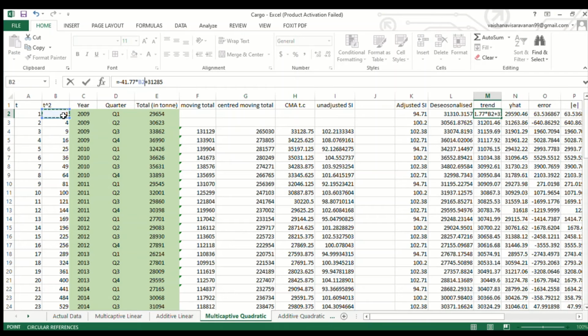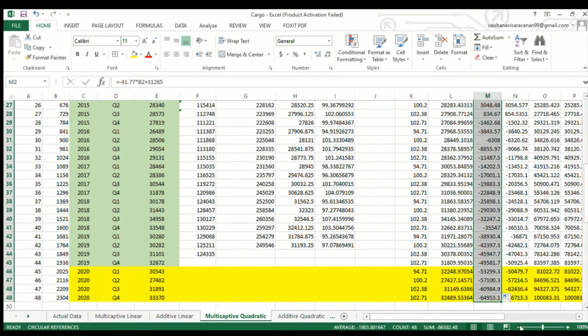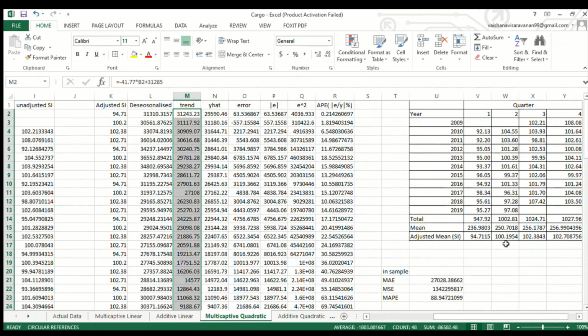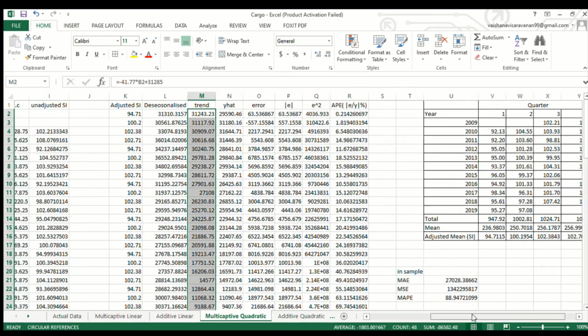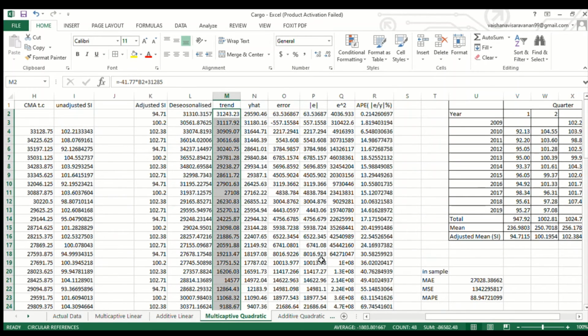So we take the t squared value, which is P2. Therefore, we will have a change in the values of trend, y-hat, and so on. Therefore, our MAE, MSE, and MAPE in sample and out of sample will be different. Everything else is just the same as the previous calculation in multiplicative linear.